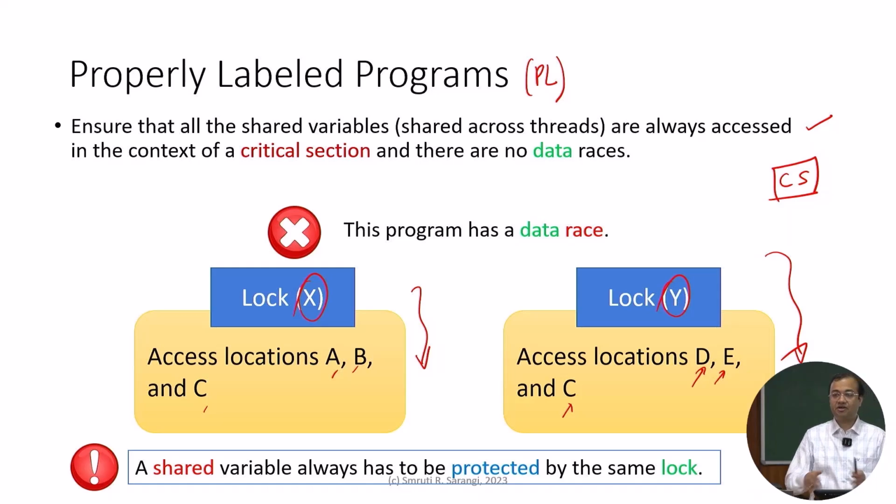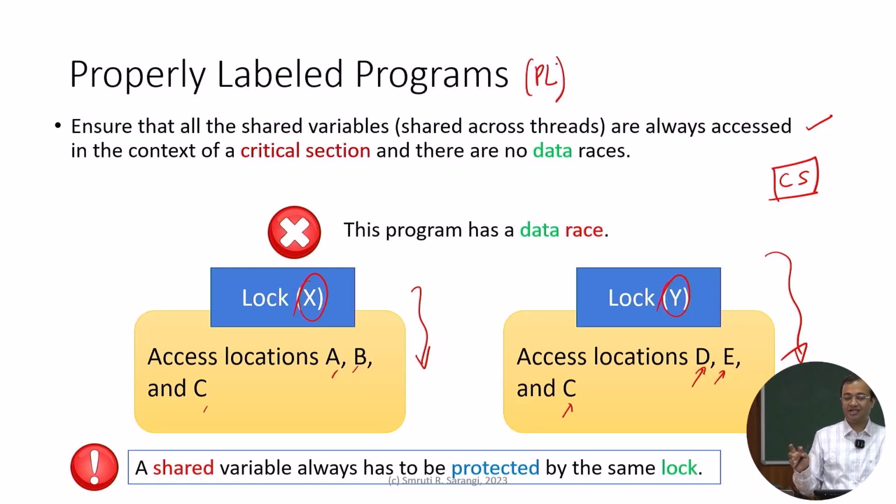That is because if thread 1 has accessed C, thread 2 can get in because it is acquiring a different lock, and that is not allowed. So thread 2 can access X and Y, right? It can acquire X and Y, but there has to be something in common. If there is nothing in common, your properly labeled constraint will not hold. And given that it does not hold, data races can happen, right?